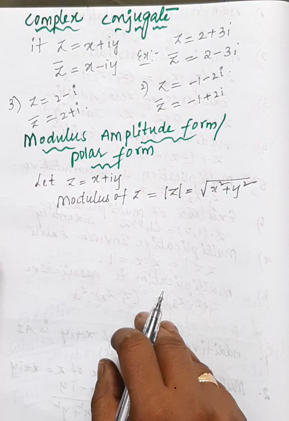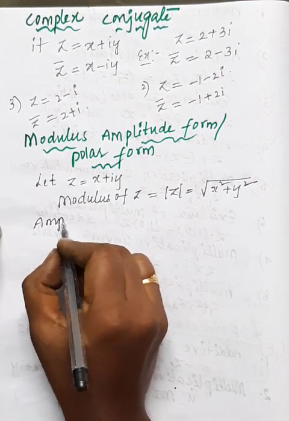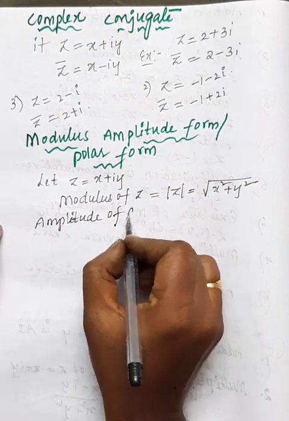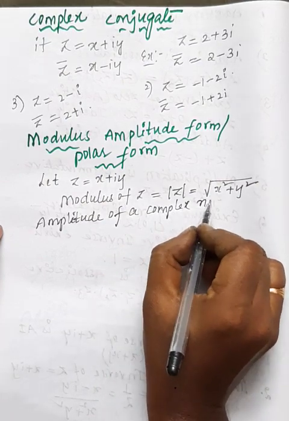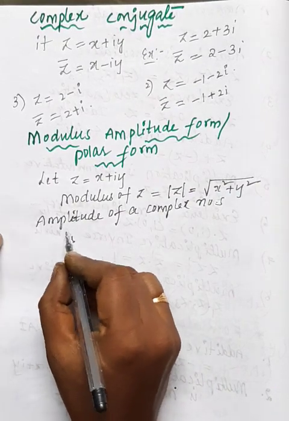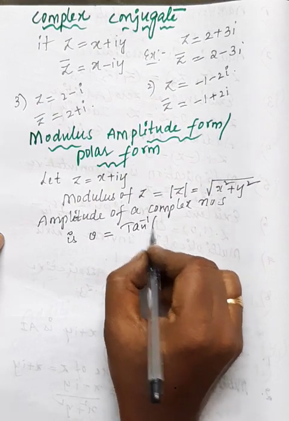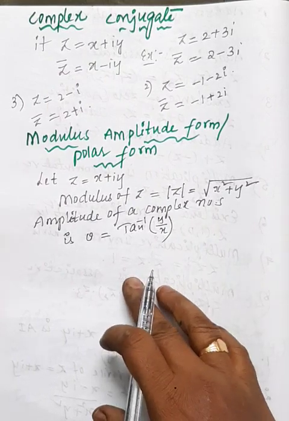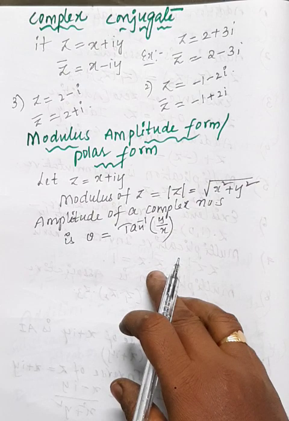Next, amplitude of a complex number is denoted by theta. Theta equal to tan inverse y by x. Therefore, by using theta equal to tan inverse y by x, we can find the value of amplitude for a complex number.